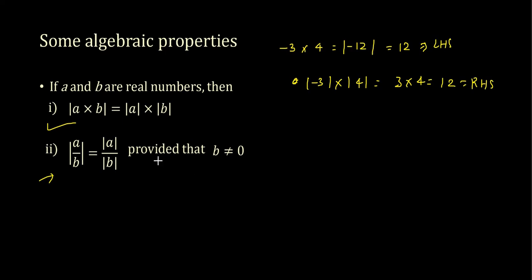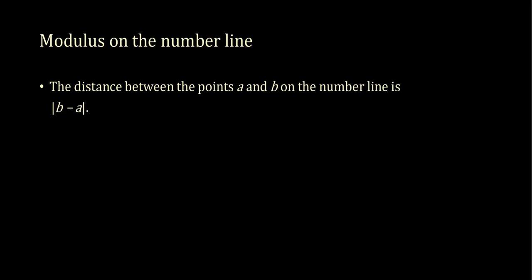So modulus sign can be separated only in case of multiplication and division. This property will not hold in case of addition or subtraction. Mod of a plus b is not equal to mod a plus mod b. Please remember this. So these are two algebraic properties that you should remember. Next topic is modulus on the number line.